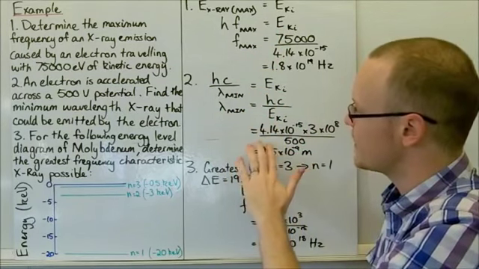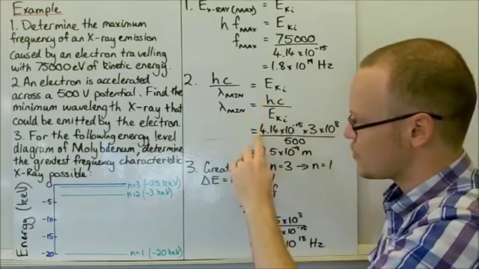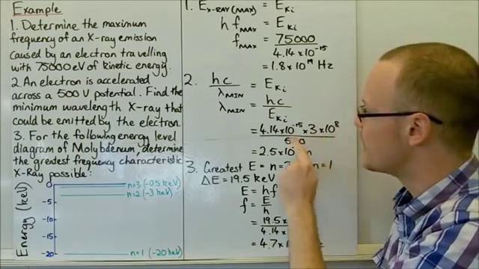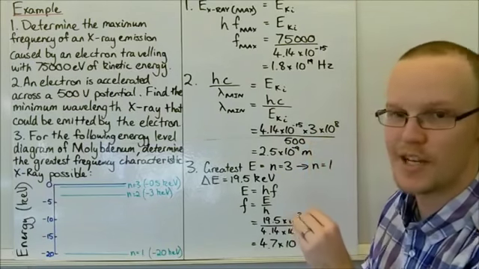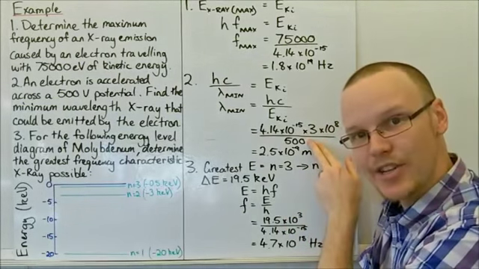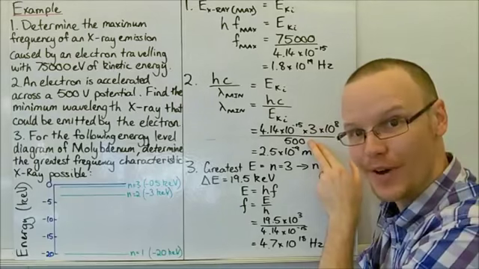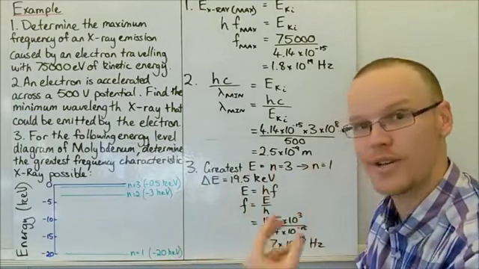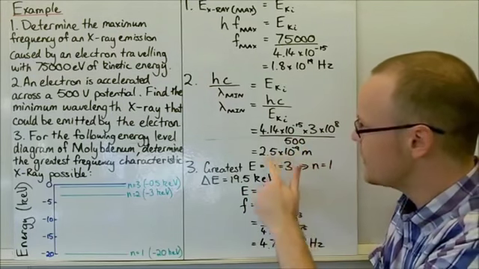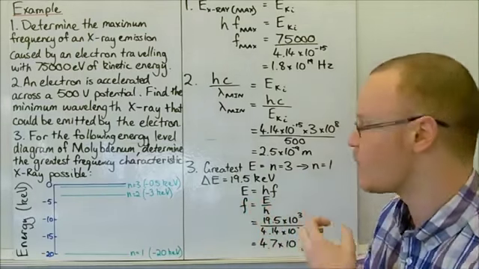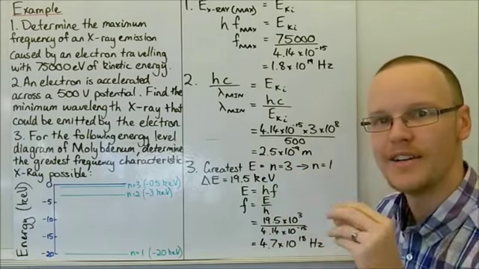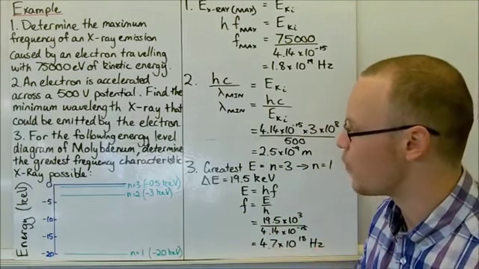We can rearrange that, substituting in the electron volt seconds value for Planck's constant multiplied by the speed of light, 3 times 10 to the 8, divided by the 500 volt potential that we're accelerating our electron across. So the kinetic energy that the electron's going to have is 500 electron volts, because it's an electron being accelerated across a potential of 500 volts. Plugging that in, we get a wavelength of 2.5 times 10 to the negative 9 metres, so that's 2.5 nanometres.